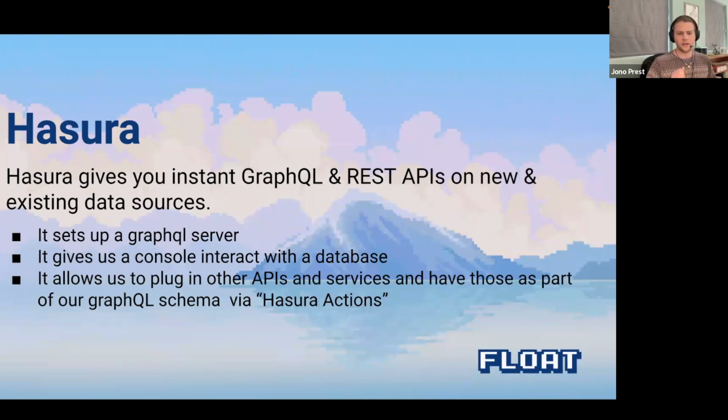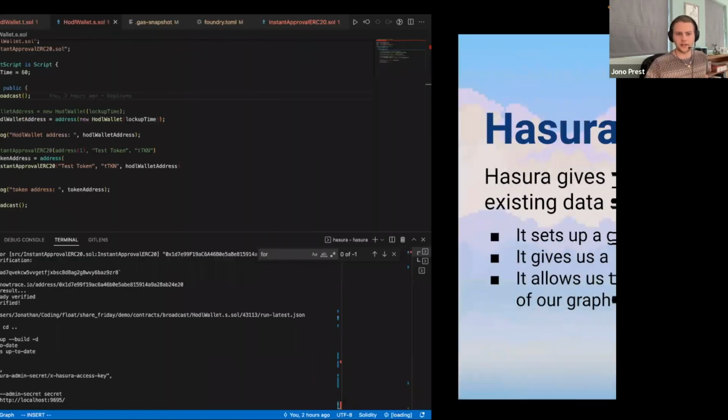It gives you a nice console to interact with and make edits to your database. You don't have to do it in specific SQL queries and that sort of thing. And it allows us to plug other APIs and services into our Hasura server. And it forms part of our GraphQL schema using something called Hasura Actions. So that's what it really does for us.